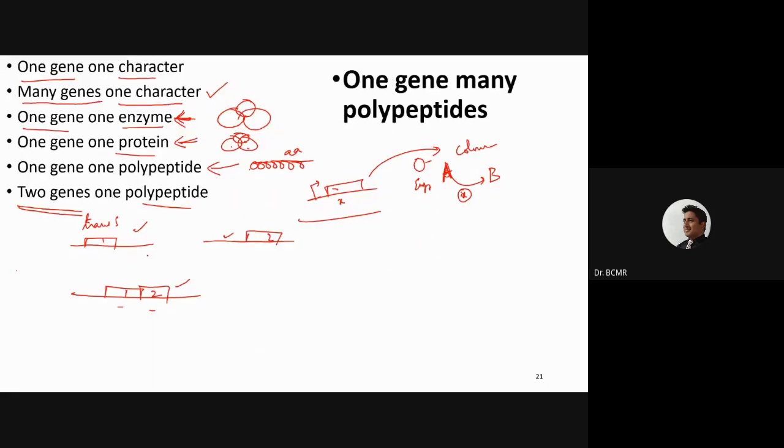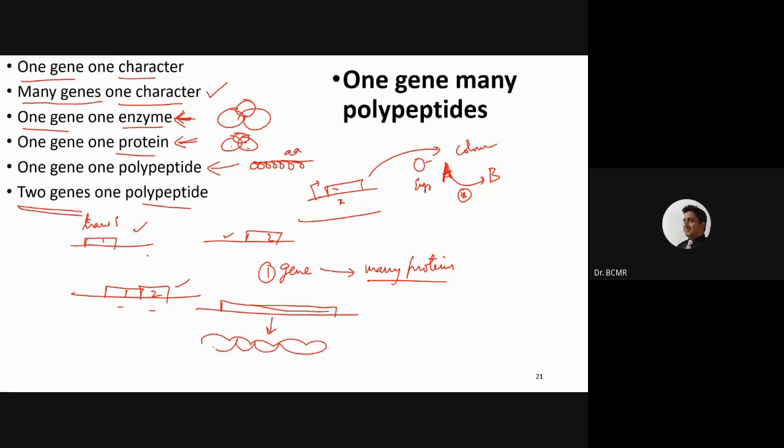This is the kind of thinking one must try to see. Why I'm discussing this here is: what is the probability that one gene gives rise to many proteins? If you take something like the coronavirus, it produces one large polypeptide, one huge protein.